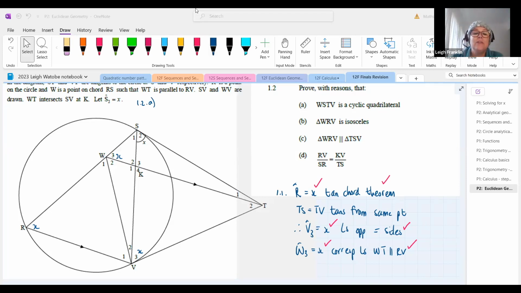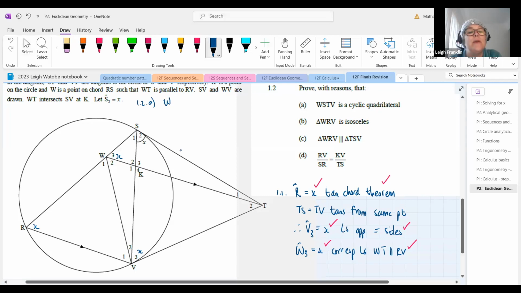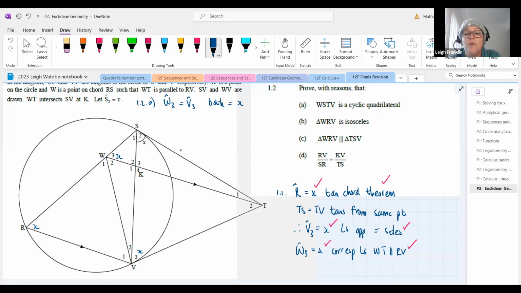All right. So sometimes things are right in front of us and we don't even see them. It's the same for me sometimes too. Okay, so that would be our reason. So we would say that W3 equals V3 because they both equal X. And we've got that up here.